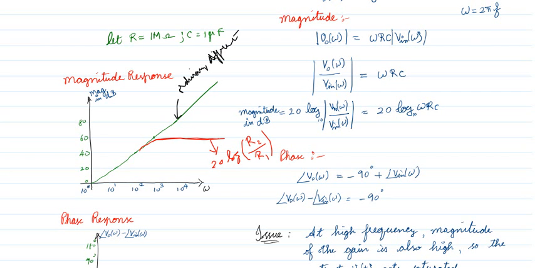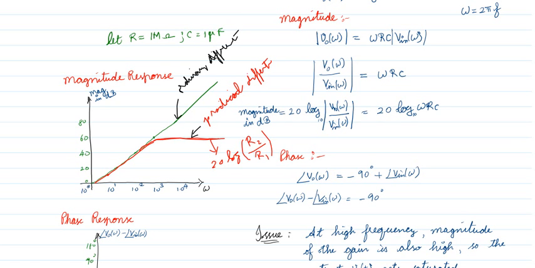This is the characteristic of the practical differentiator, this red line. This is for the practical differentiator, right? So the ordinary differentiator's problem at high frequency is solved by the practical differentiator.